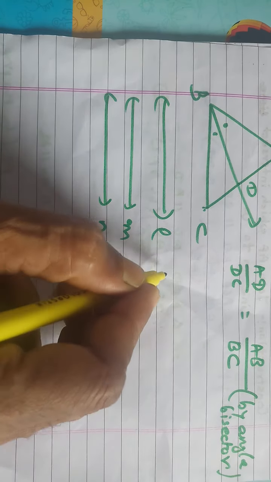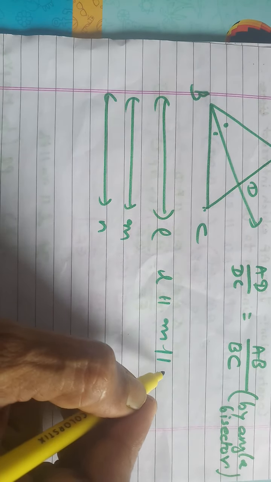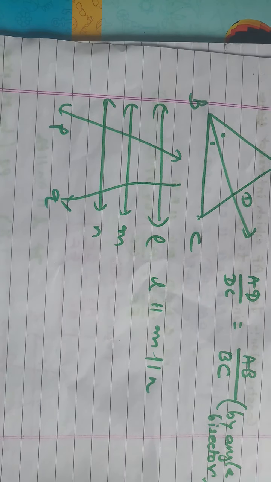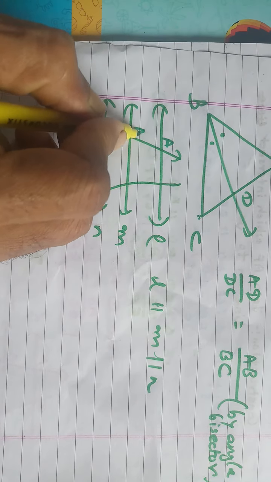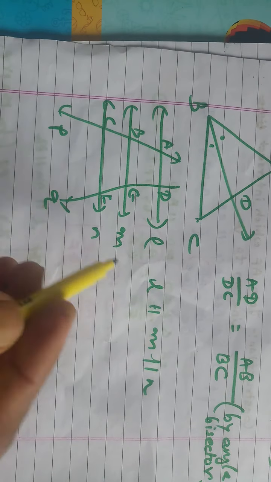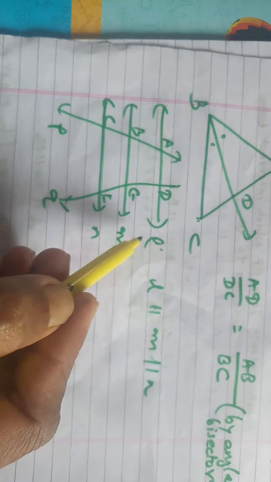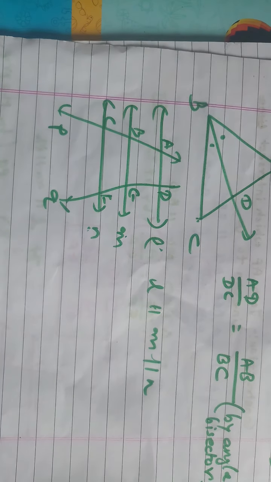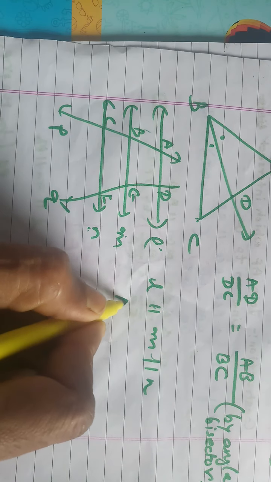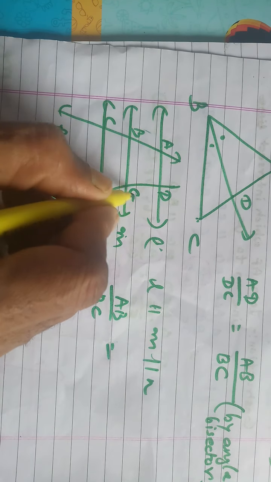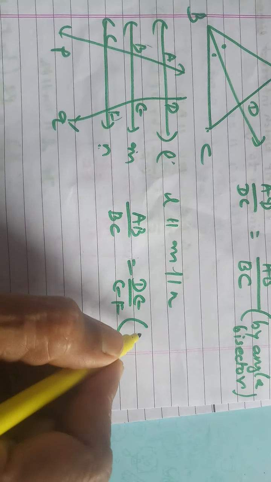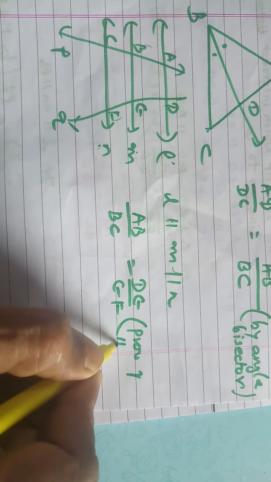Suppose L, M and N, all these three lines are parallel, and P and Q are transversals, and these are the intercepts A, B, C, D, E, F. If these three lines are parallel, and these two are transversals, then the ratio of these two segments is equal to these two segments, that is AB upon BC is equal to DE upon EF. This is by the property of three parallel lines.